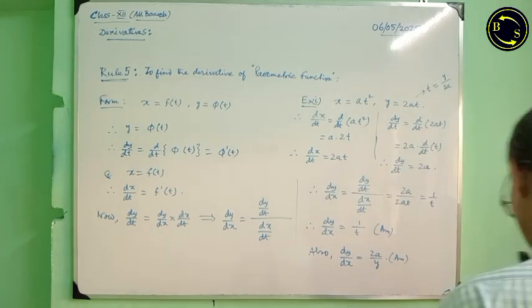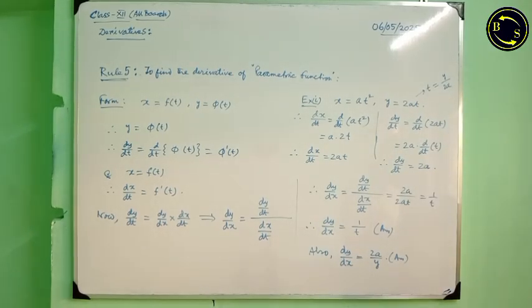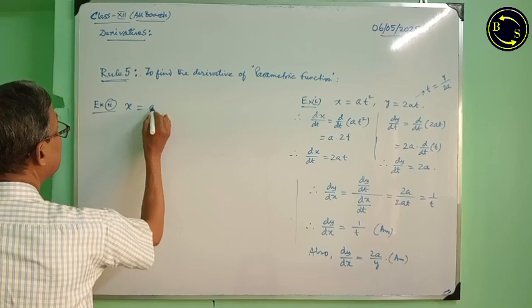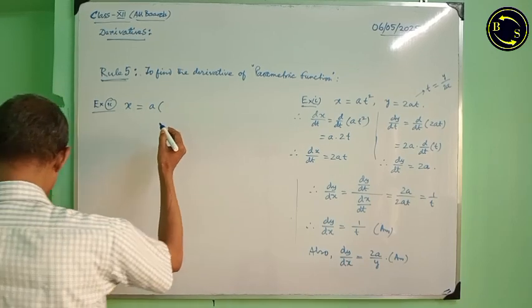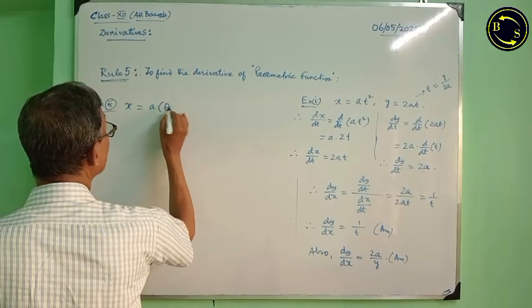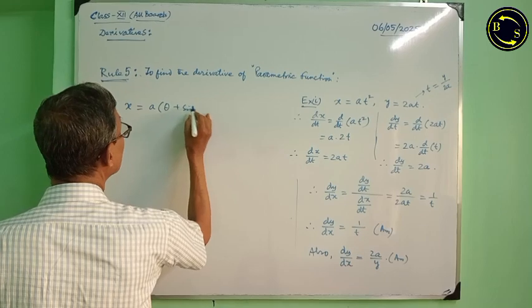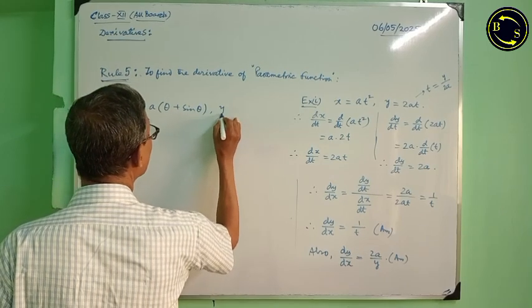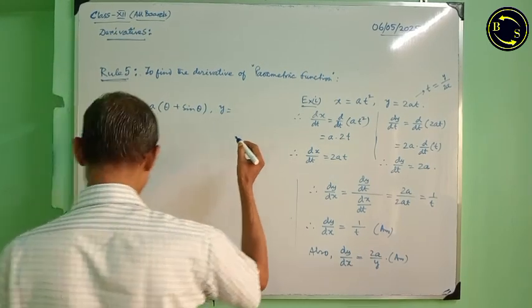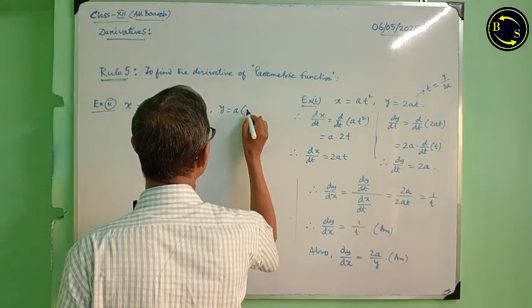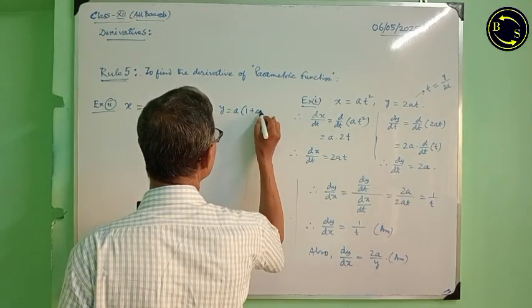Next example, x equal to a within brackets theta plus sine theta, y is equal to a within brackets 1 plus cos theta.